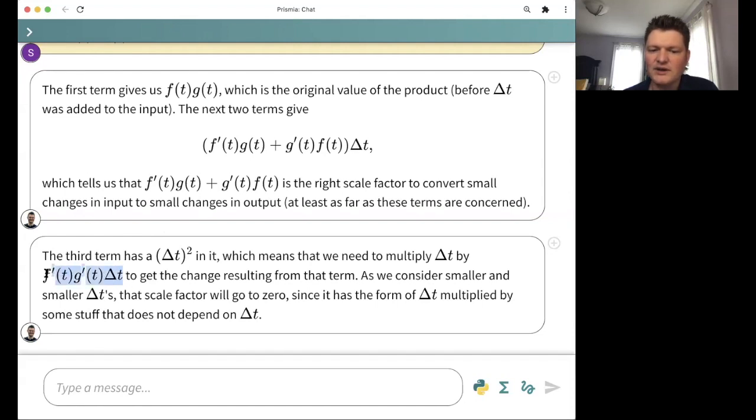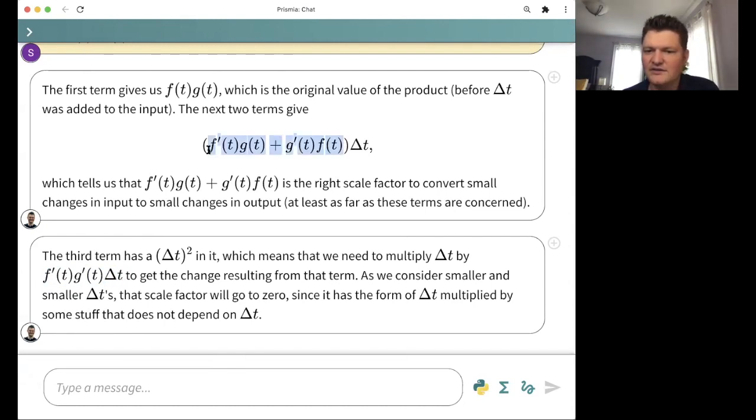So as you take delta t smaller and smaller, this scale factor for converting inputs to outputs is going to zero. This contribution is going to be smaller and smaller, so ultimately, it has no contribution in the limit.